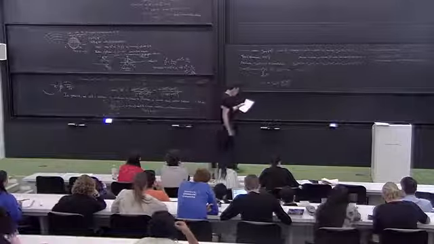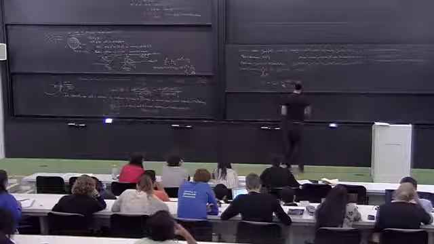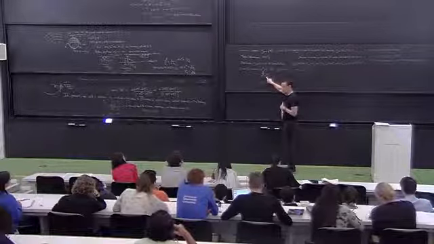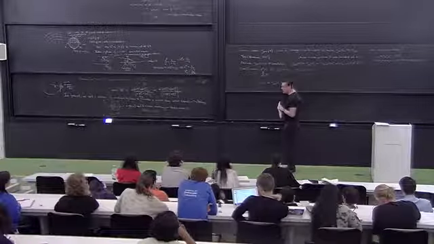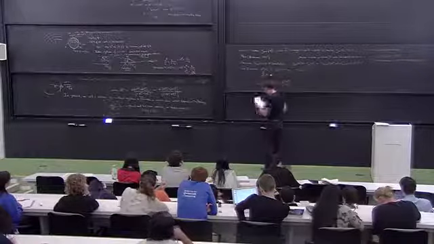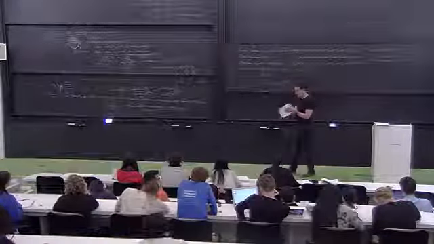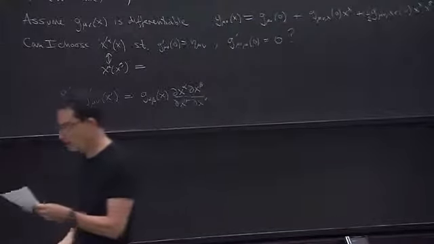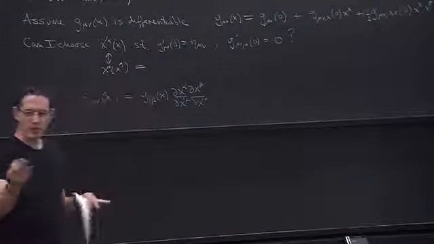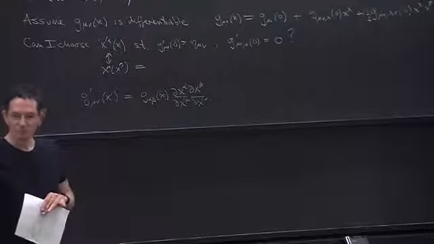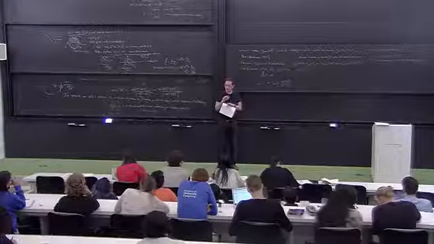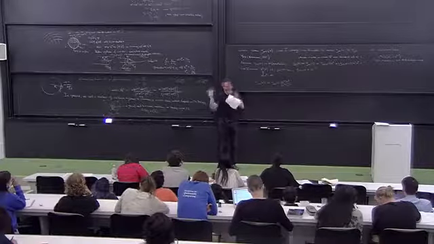Now, clearly, to calculate this, what I need is x as a function of x prime, because I need to calculate these Jacobian matrices. Now, x as a function of x prime, what is that? Well, let's use Taylor expansion. And again, I'm going to do a coordinate transformation where the point 0 goes to 0, because I want to keep myself at 0 in both coordinate systems, just to make the algebra easy.